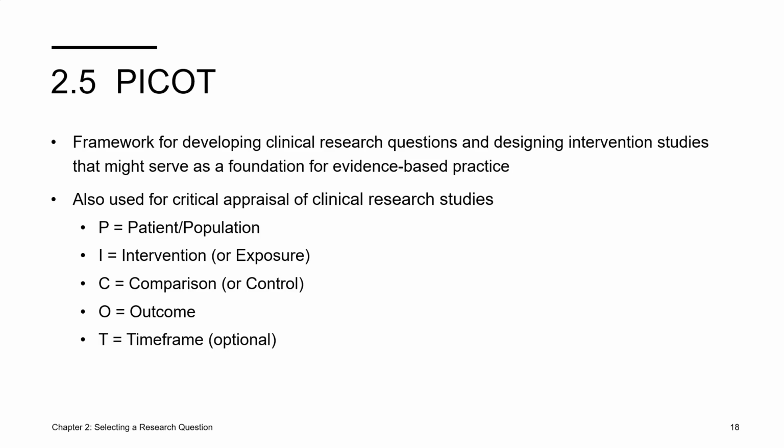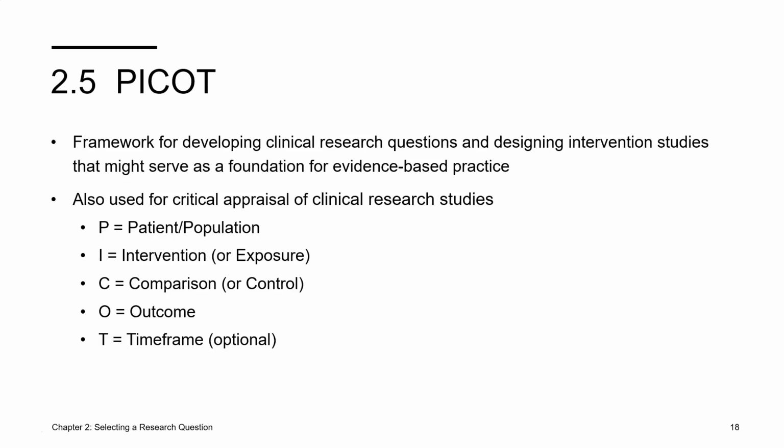And so here, your P represents a patient or a population. Your I represents the intervention, which could be very similar to the exposure. The C represents the comparison or the control, and these are really people who are not exposed to the intervention.